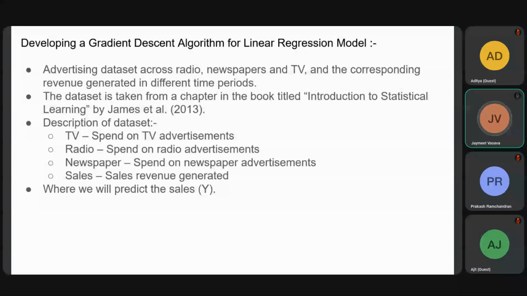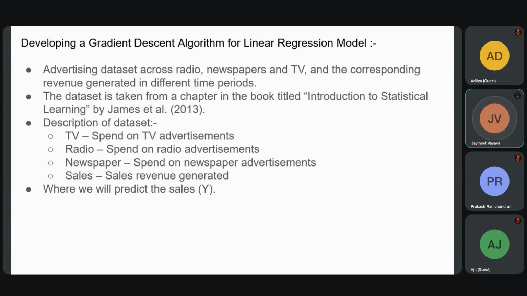So developing a gradient descent algorithm for a linear regression now. For understanding the gradient descent algorithm, we'll use a linear regression model on a data set of advertisement, where the advertisement on TV, radio, and newspapers are used, and the revenue generated due to those advertisements in different time periods is taken.